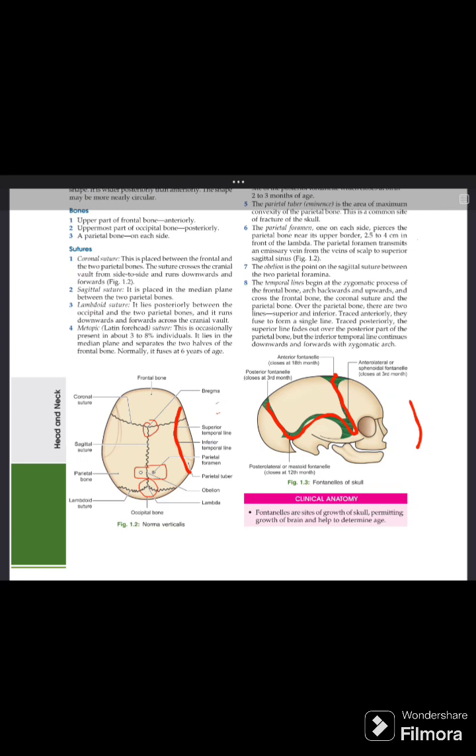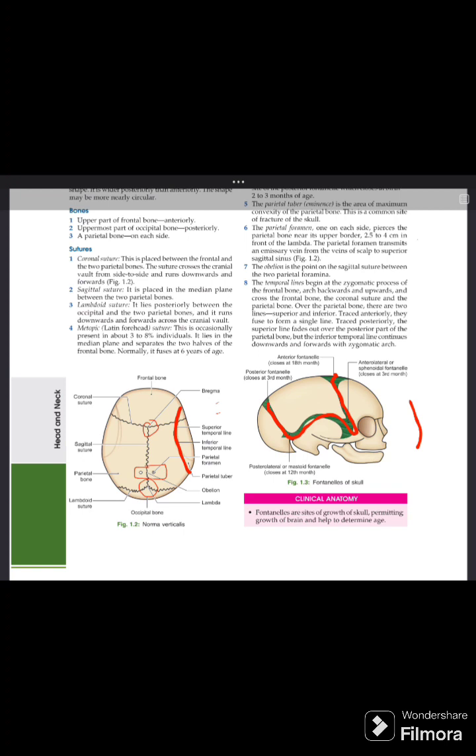So these fontanelles allow the growth of the brain and skull during an infant's first year. Within the first year, all the fontanelles fuse. As you have seen in children, people give different types of pillows for shaping the children's heads.